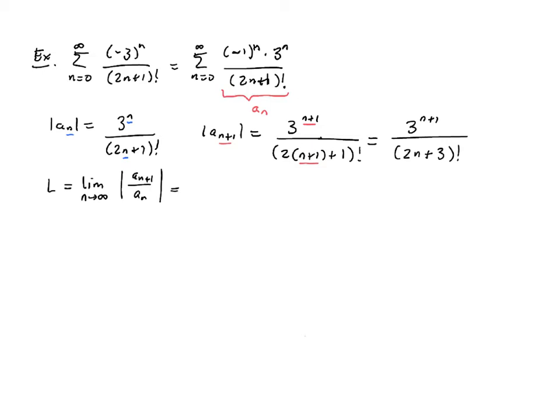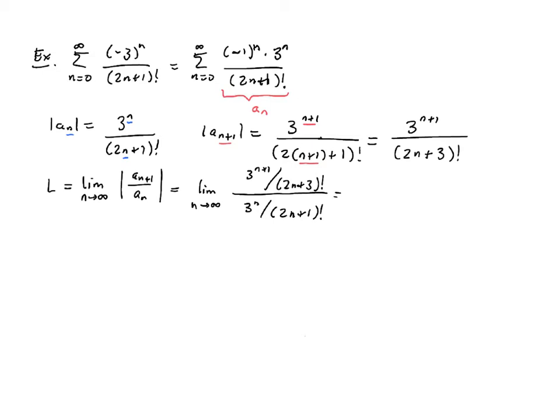So when I put in these two pieces that I collected in the previous line, that's the limit as n goes to infinity of 3 to the n plus 1 over 2n plus 3 factorial in the top, and 3 to the n over 2n plus 1 factorial in the denominator.